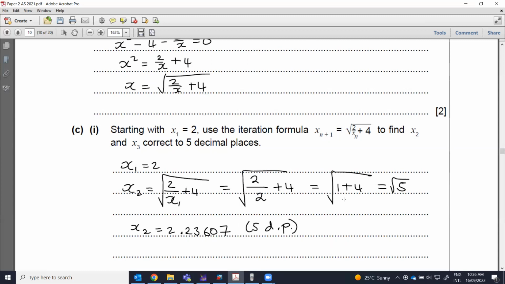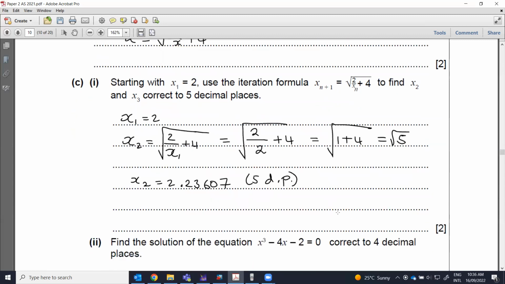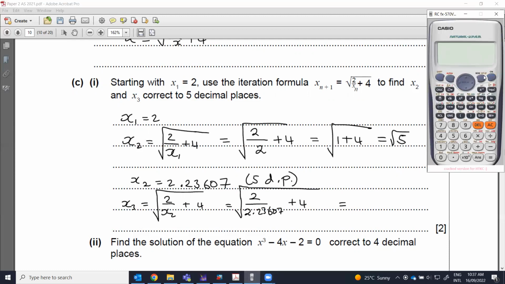And then I also work out x3. So x3, just substituting in the formula, is the square root of 2 over x2 plus 4. So this is the square root of 2 divided by the value I got here, 2.23607, and then plus 4. You can type this in on your calculator. Usually we don't like to round off too early, so you can work it out like this.